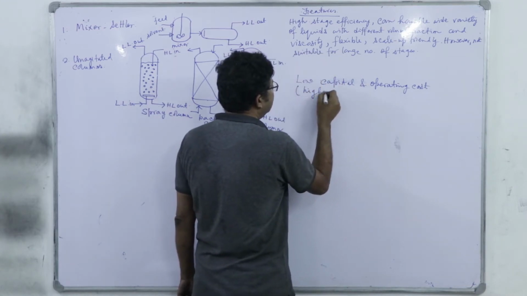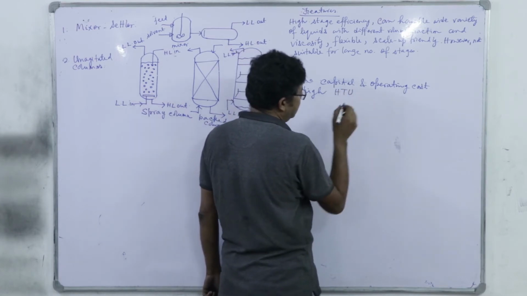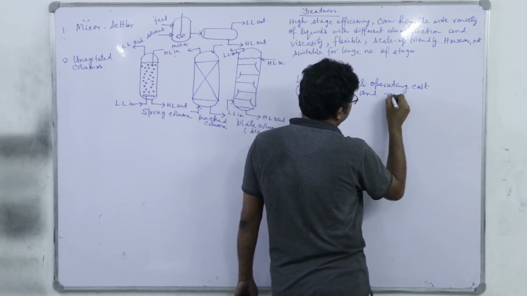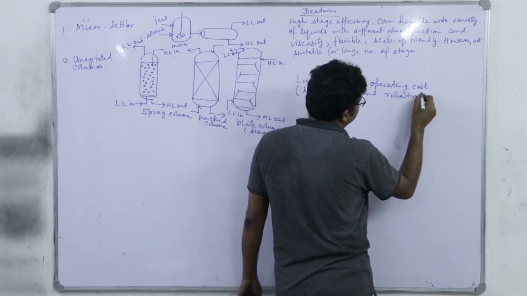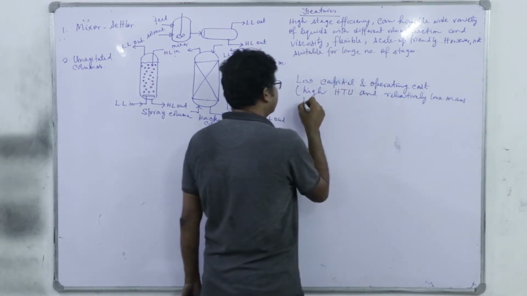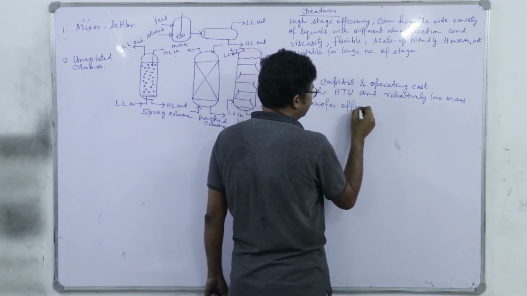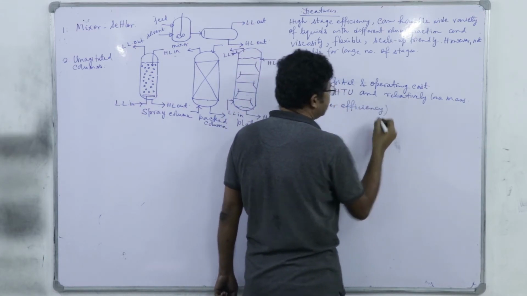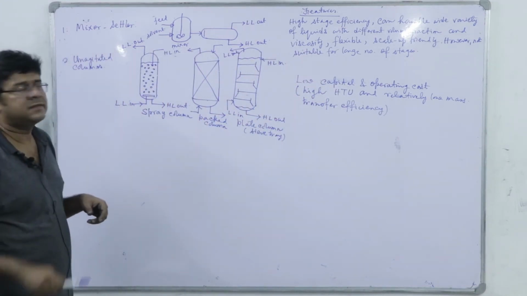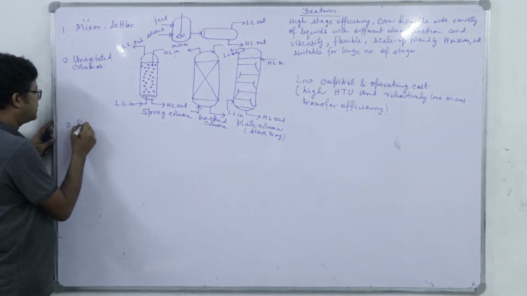High height of the transfer unit and relatively lower mass transfer efficiency. Right. Now, in the same structure, we can increase the mass transfer efficiency if we go for pulsed column.